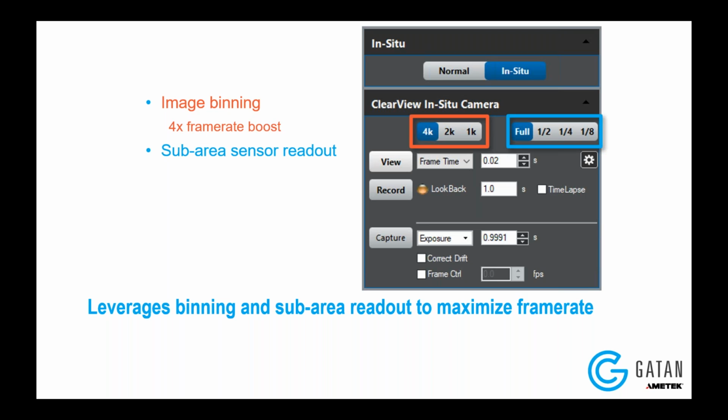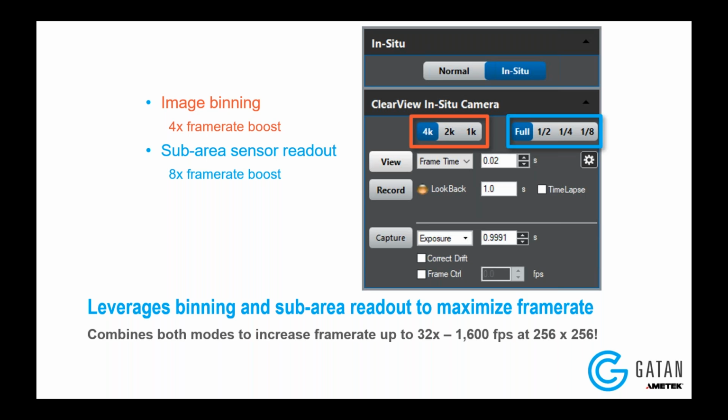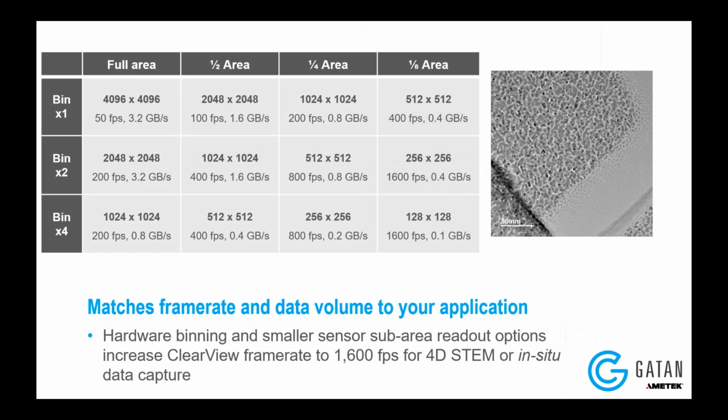With the in situ version, you also have the ability to do sub-area sensor readout, which can improve your frame rate 8 times. The combination of these two is what lets you go up to 1600 frames per second at a 256 by 256 image size.